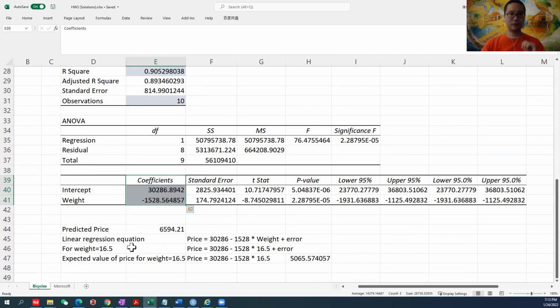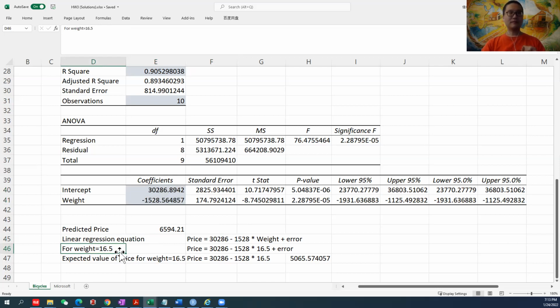Let's make an example. Since we already have the linear regression equation, like what we just practiced for part C, we use the same form to do so. For example, what was Michelle's question for part F?